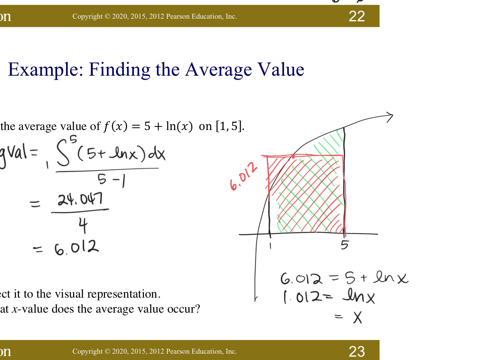So x must be e to the 1.012. And that is the position of x on the x-axis, so about right there, which is going to be in the ballpark of 3, close to 3, a little bit less than 3.